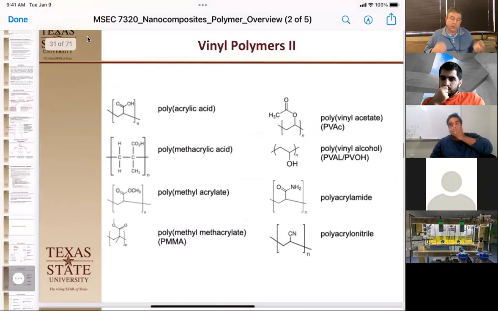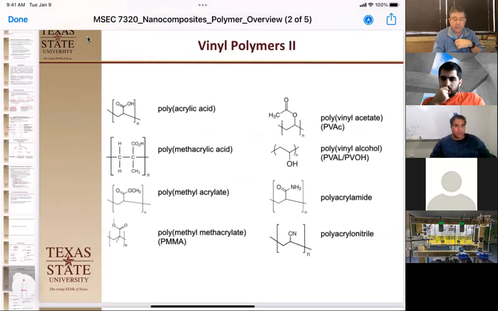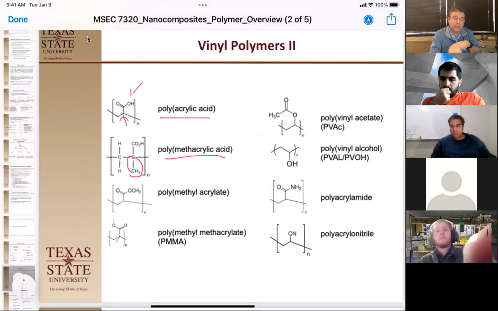So then we have acrylic acid, methacrylic acid. And so the difference between acrylic acid and methacrylic acid is this methyl group here. In acrylic acid, we don't have it. The methyl group would be attached to that same carbon. So that's acrylic acid and methacrylic acid. We tend to actually only have these partially hydrolyzed because there's so much hydrogen bonding, it's difficult to redissolve.